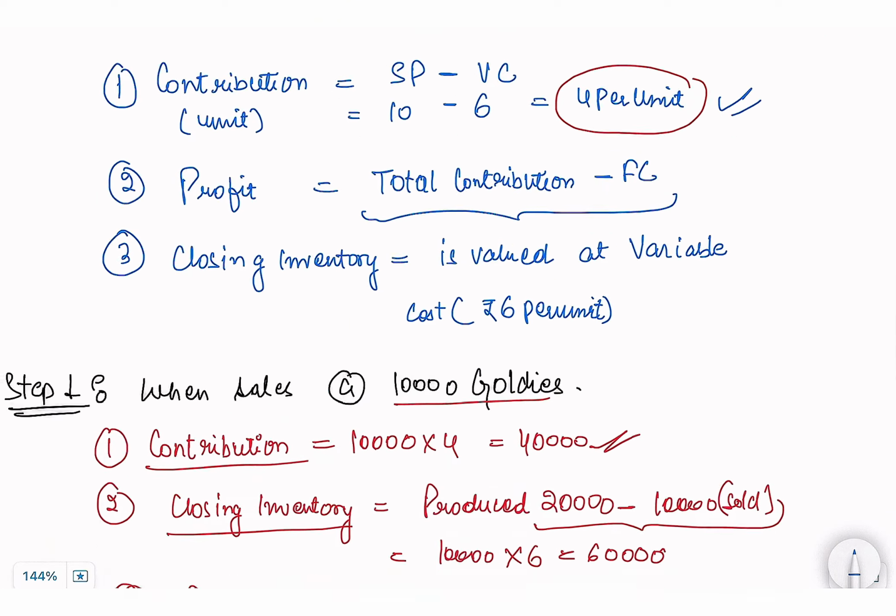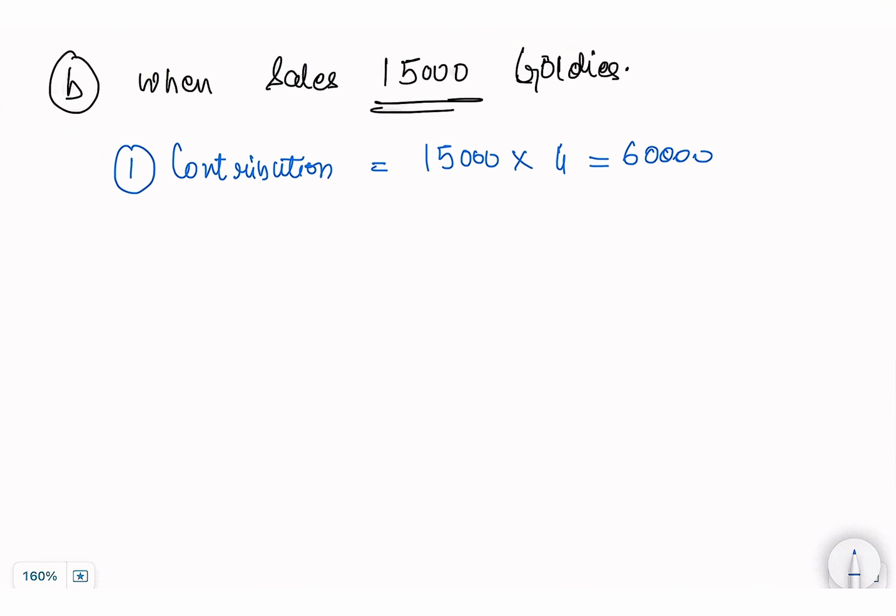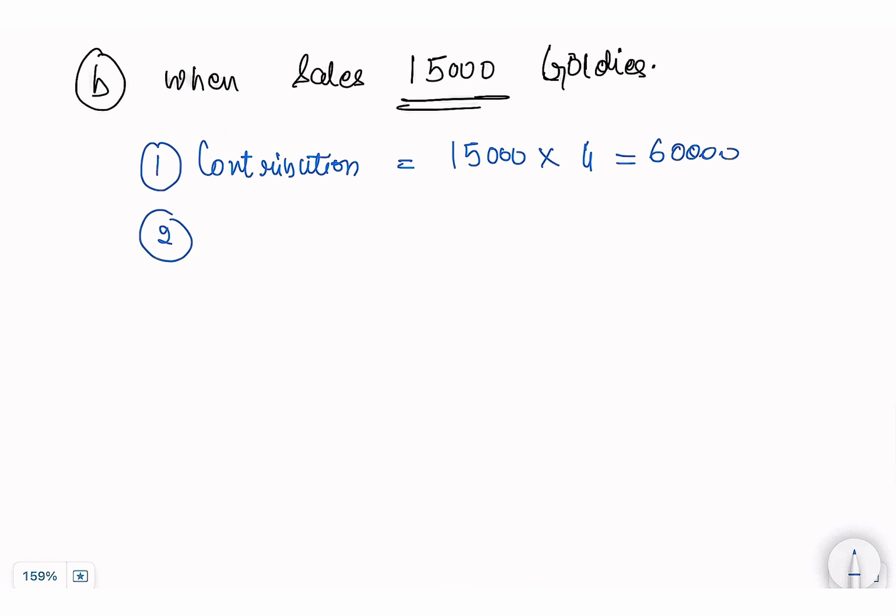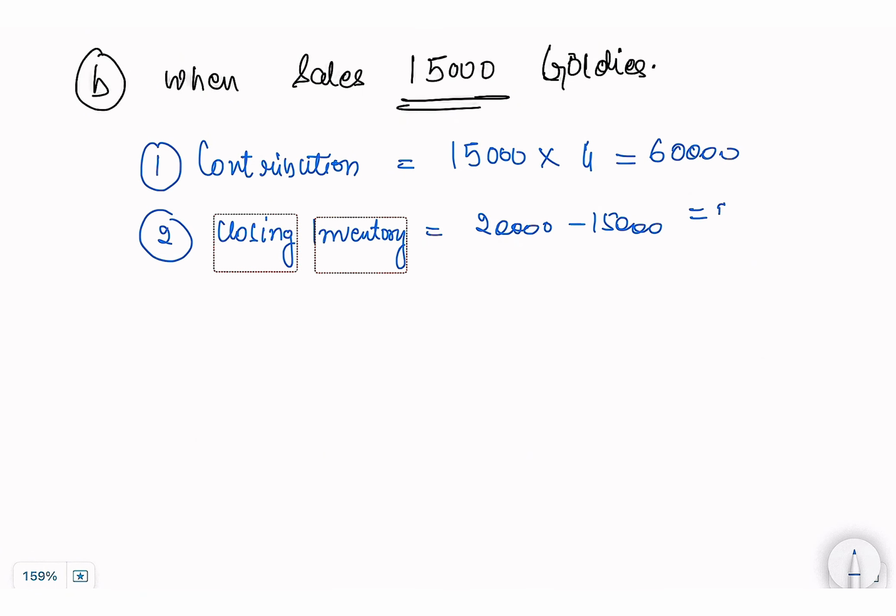Okay, now second point is closing inventory. It is equal to 20,000 minus 15,000, which is equal to 5,000. Okay.